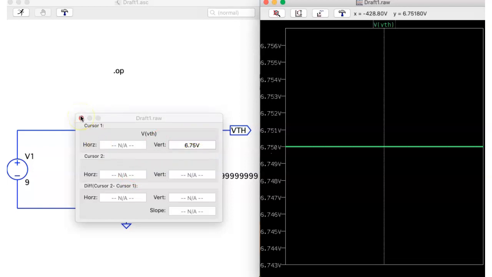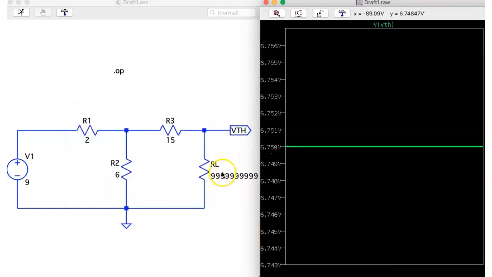Now to measure the Thevenin resistance, we have to find out the short circuit current in this path, and then we will find out the value of RTH, which is equal to VTH upon the short circuit current.